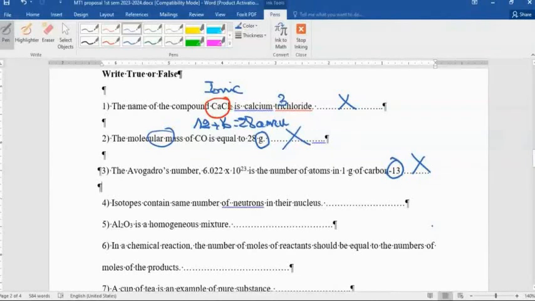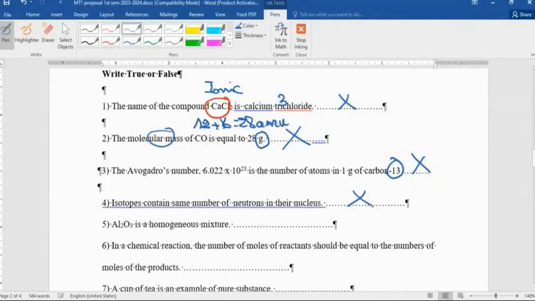The isotopes contain the same number of neutrons in their nucleus. Oh, hang on. We have seen this question previously. When I calculate the atomic mass, the isotopes should have what? He told me 34, 35, 36, so they will have different numbers of neutrons, not the same number.